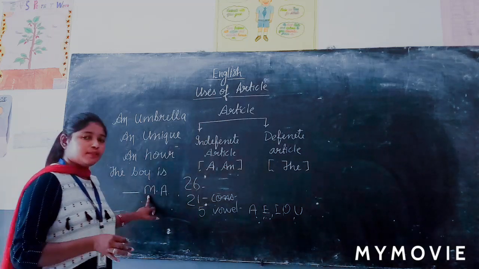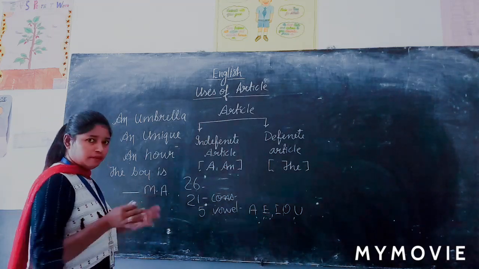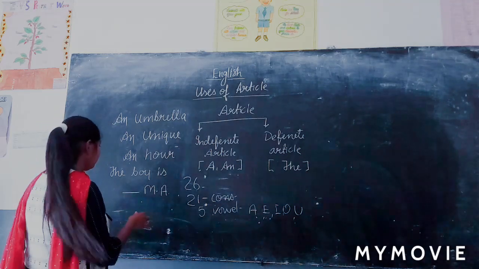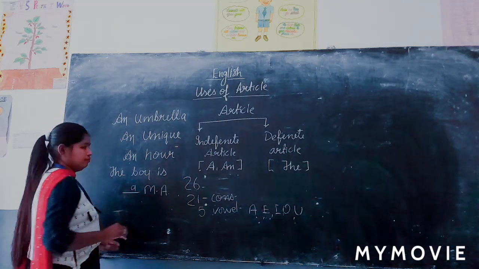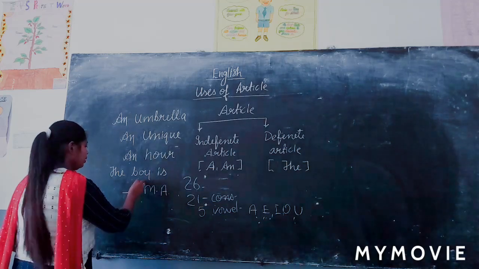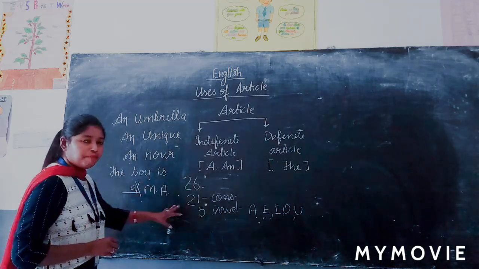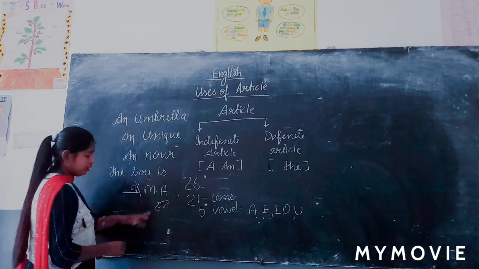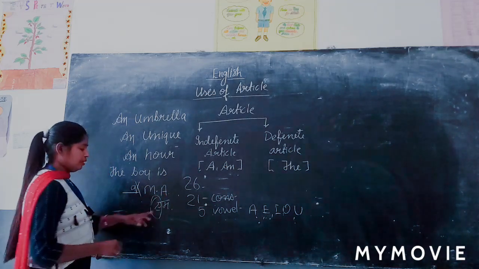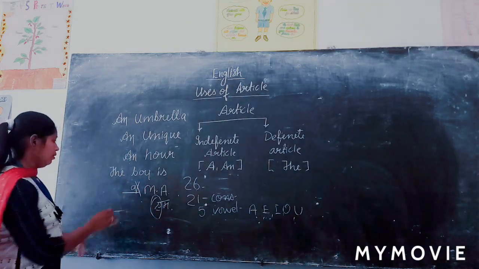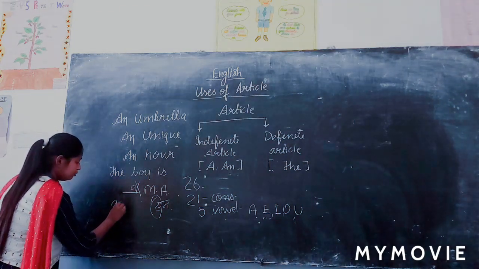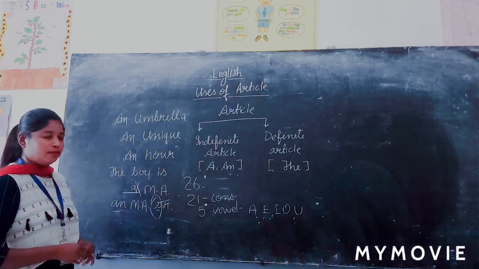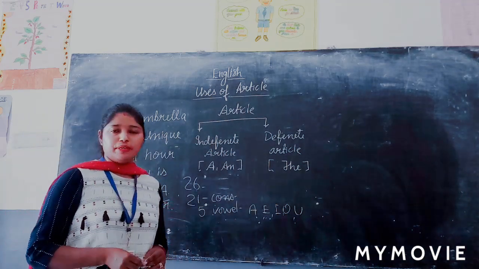You will look at the letter M and directly write A. But no, it will be an M.A. How will you write it? An M.A. The sound A is used here, and that's why it should be an M.A. Clear? So this is the doubt. I hope it will be clear to you.